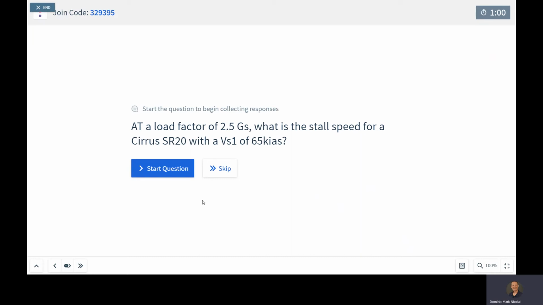Okay. Try that again at 2.5 Gs. What is the new stall speed for the aircraft?